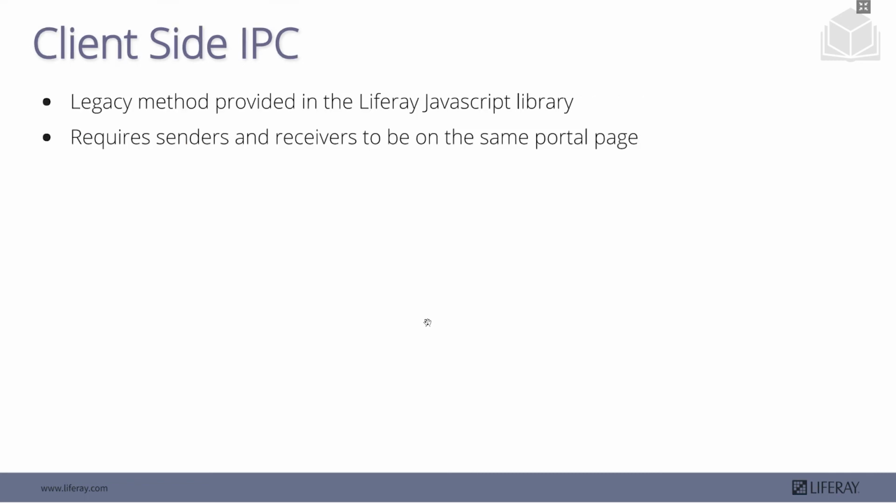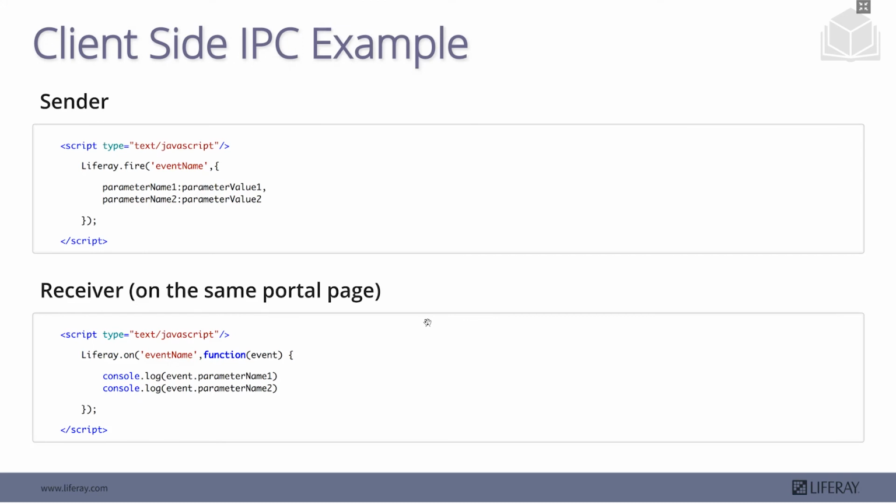Client-side IPC is legacy. This is basically leveraging different JavaScript libraries out there to help us communicate with portlets on the page. So here's an example where we have a sender and a receiver. The sender can send specific parameters over to the receiver, and the receiver can then do something with it.